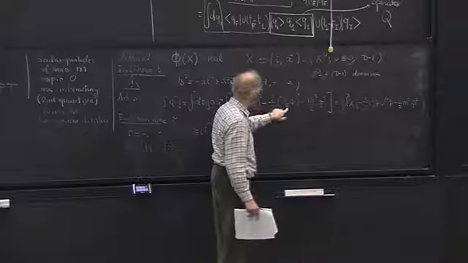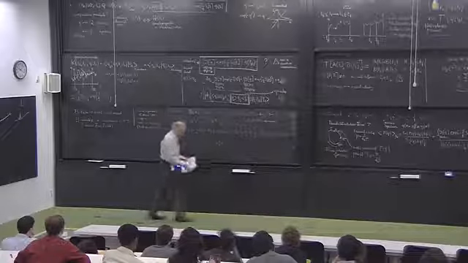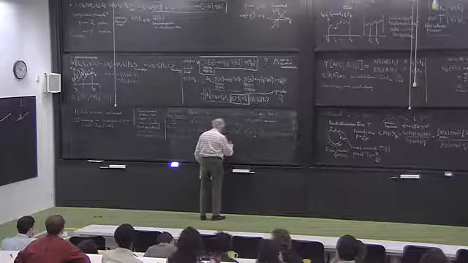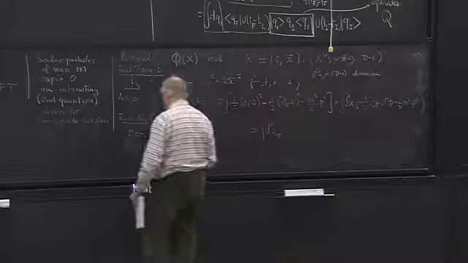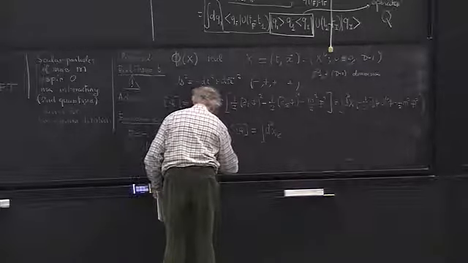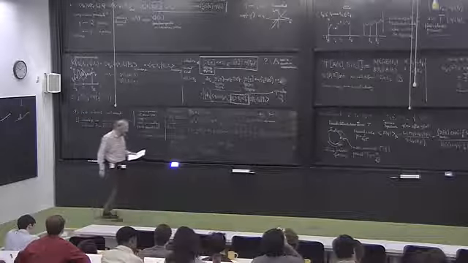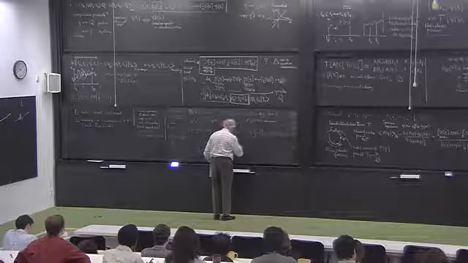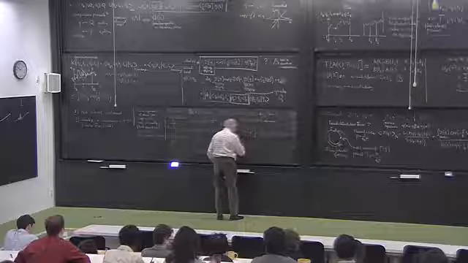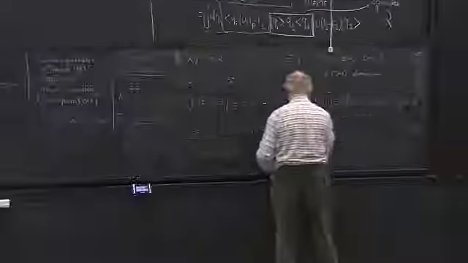Here, the signs do not change because we do not change x in these terms. And if you do the calculation, what comes out is something which is positive: the integral d^d x, where x Euclidean is the vector (tau, x), of 1/2 of d mu phi d mu phi plus m squared over 2 phi squared.